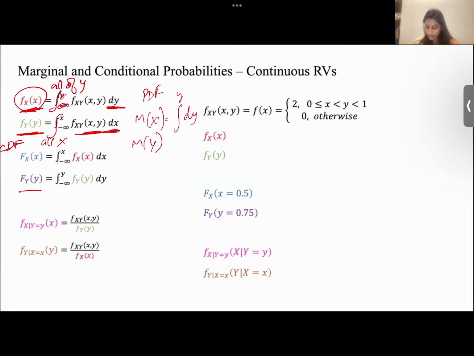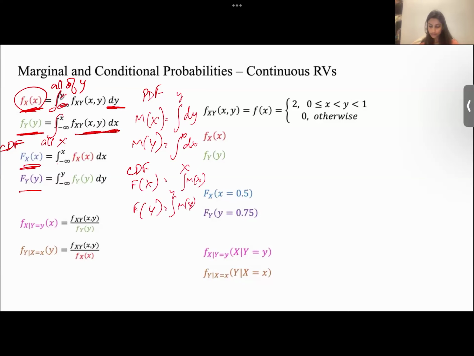Marginal probability of y, you integrate in terms of dx. But for the CDF, for F of x, you integrate the PDF, the marginal probability of x, in terms of x, and for F of y, you integrate it in terms of y. So these are just some things you need to remember.